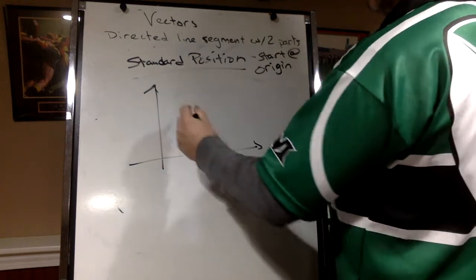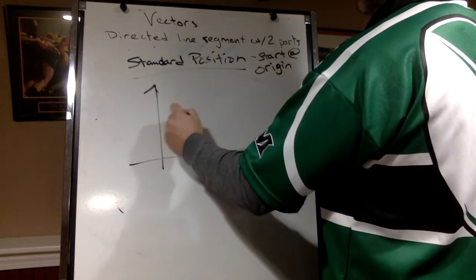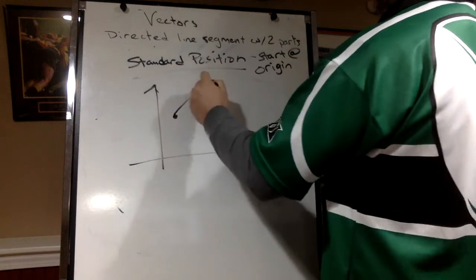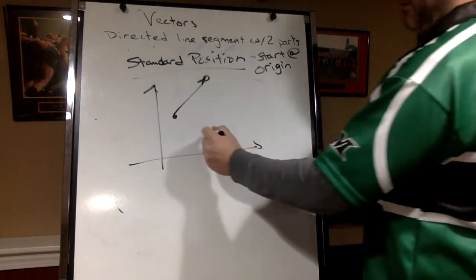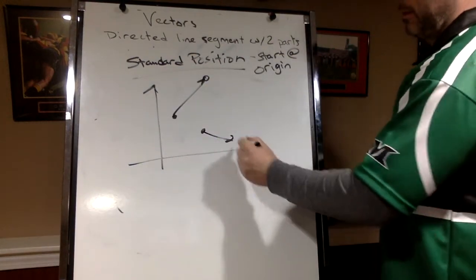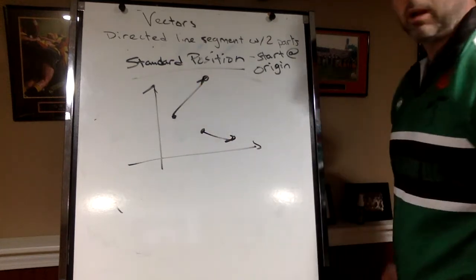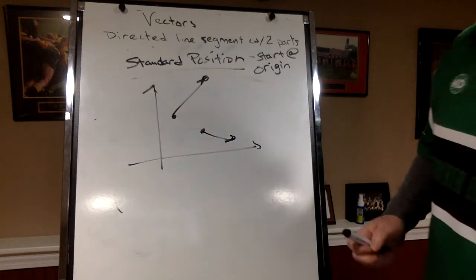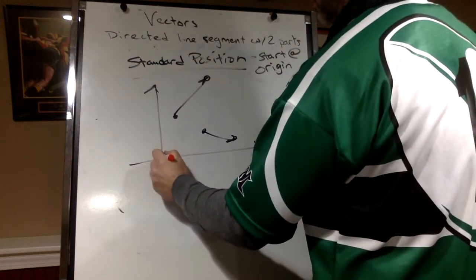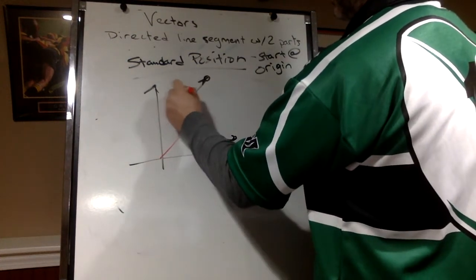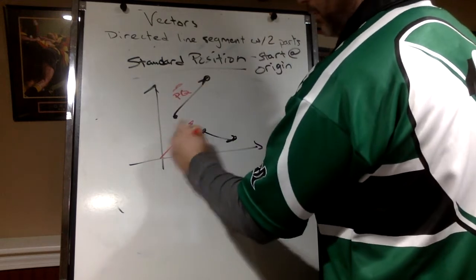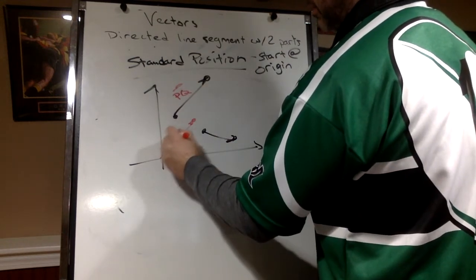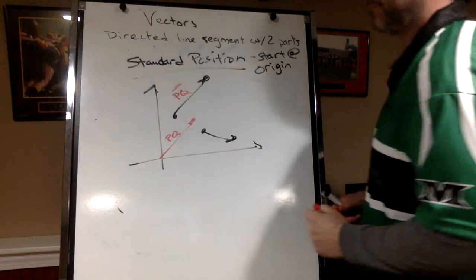Okay, so let's say we have a vector out here doing this, and we have a vector out here doing this. But it'd make a lot more sense to really see it and quantify it if we could move them. We'll call this one PQ again. If we can move it to the origin.